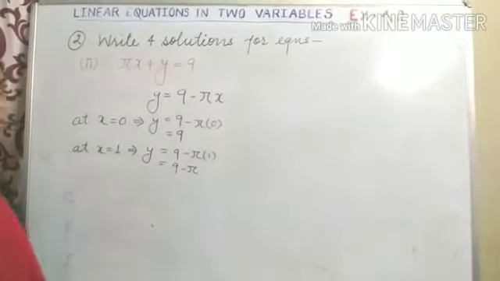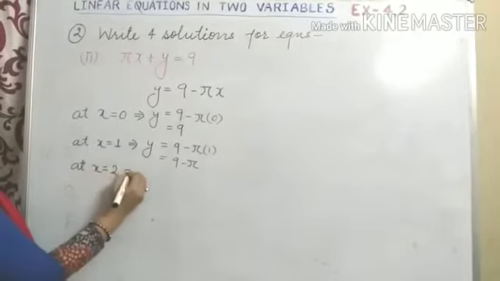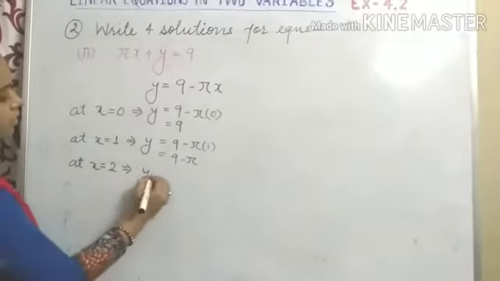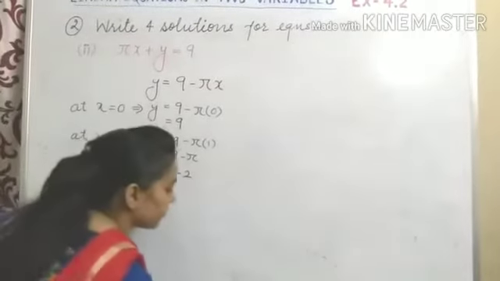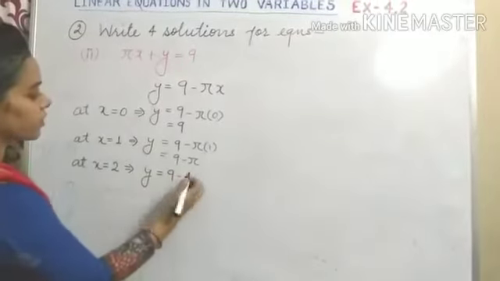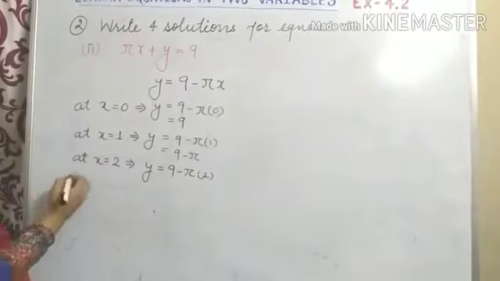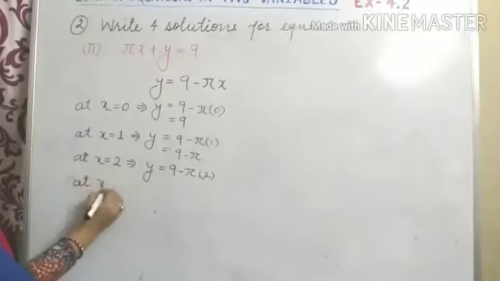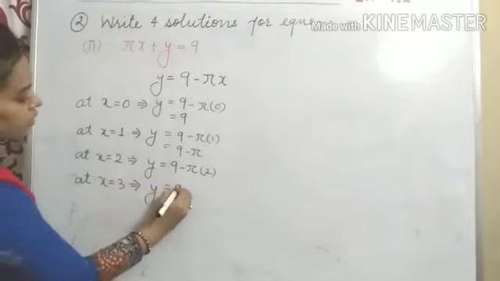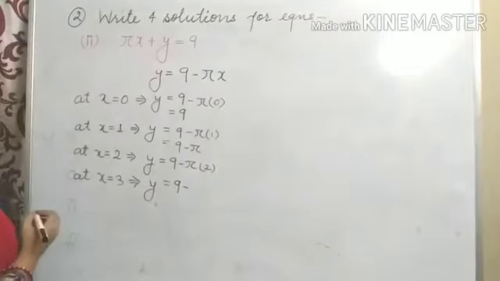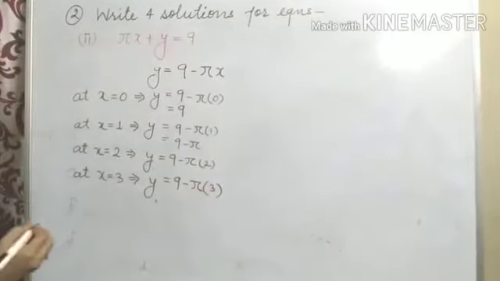9 minus pi. At x equal to 2, this implies y is equal to 9 minus pi times 2. Again, at x equal to 3, it implies y is equal to 9 minus pi times 3.